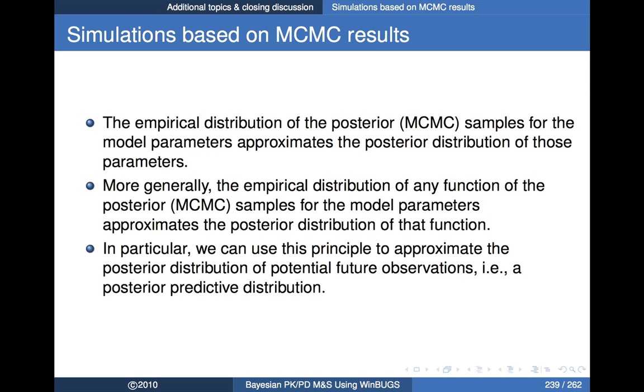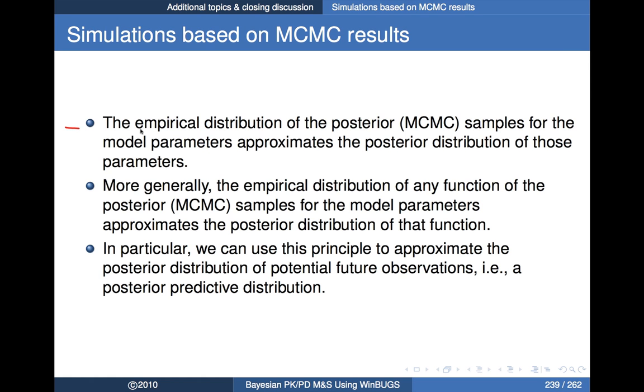So let's start out with our core premise here. We've got samples whose empirical distribution describes the posterior distribution of our various model parameters, and that's all this statement is saying.